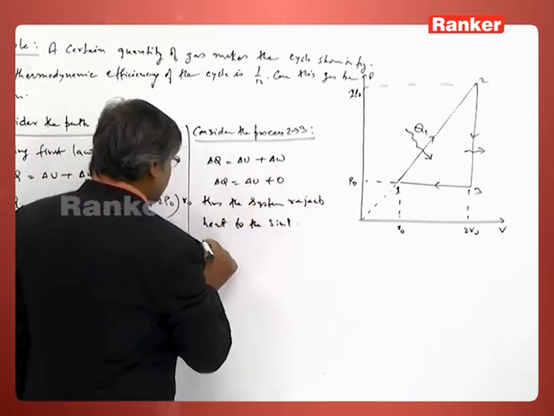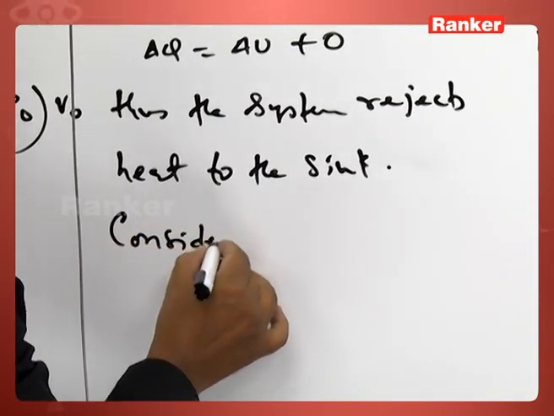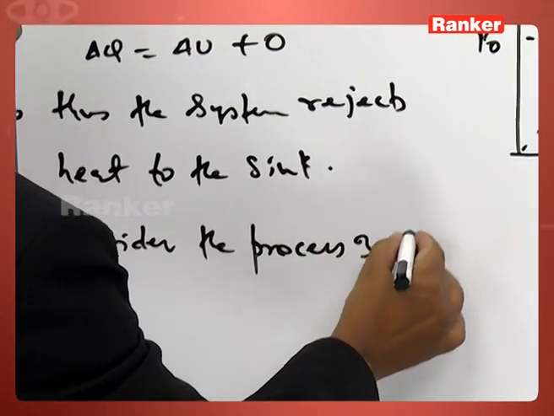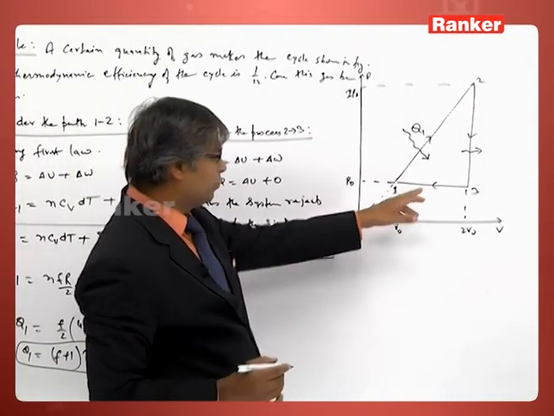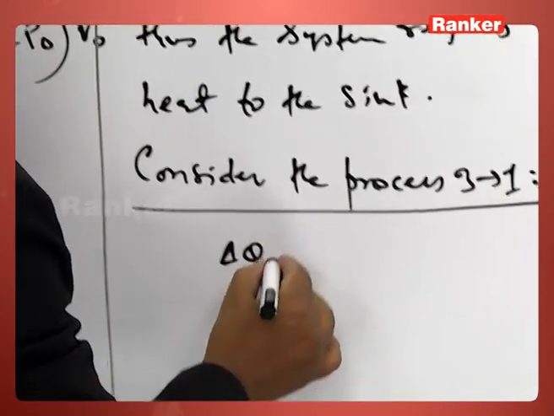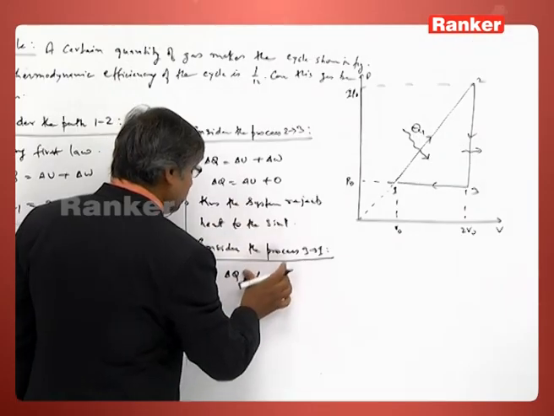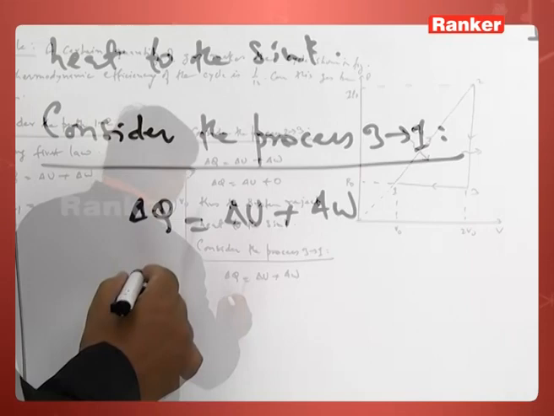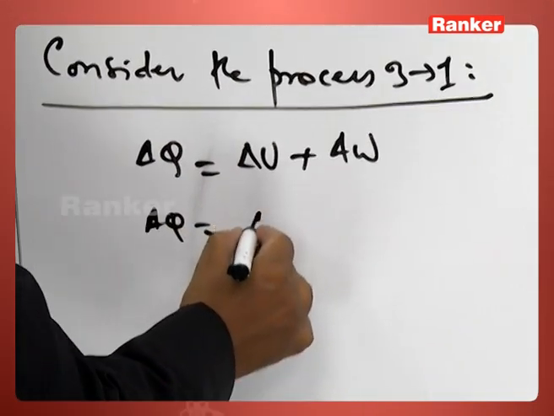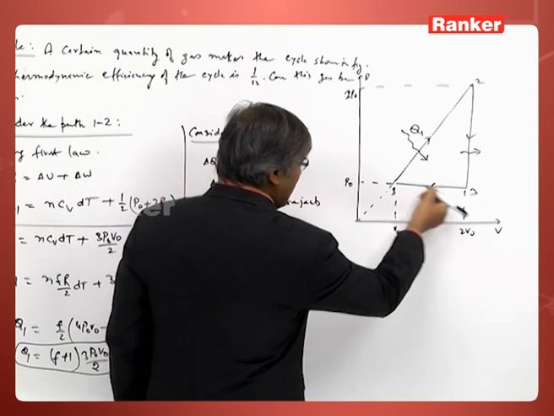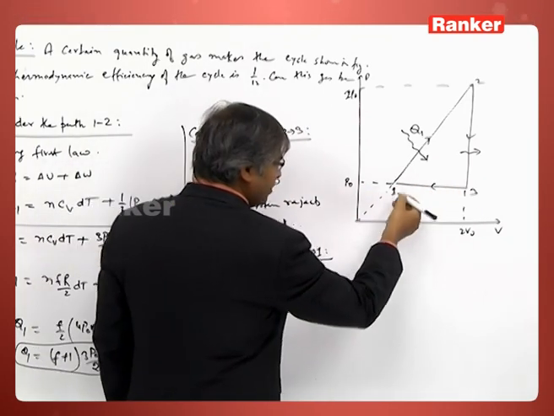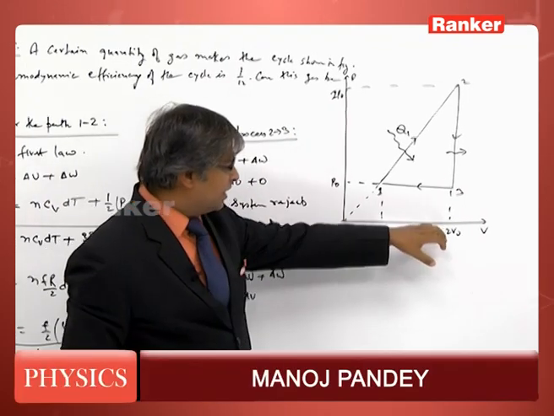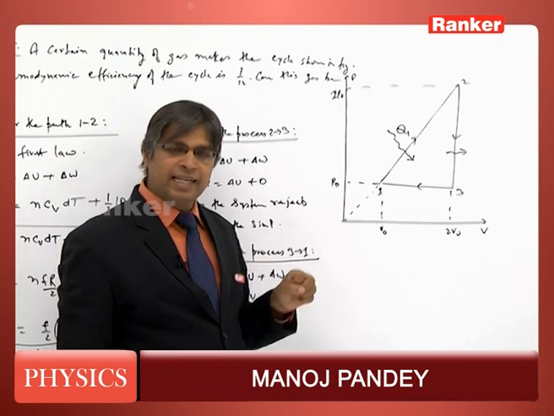So next, consider the process 3 to 1. So now from 3 back to 1. Again, delta Q is equal to delta U plus delta W. Now as the temperature is decreasing and work is done on the gas, you see, the volume of the gas is decreasing.